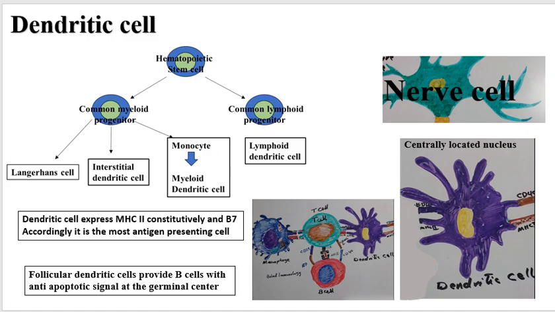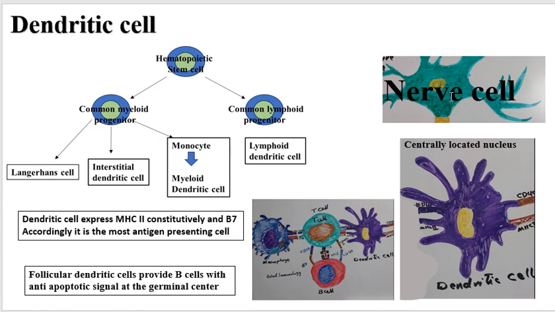Dendritic cells acquire their name from the dendrites of the nerve cell, as they have projections which are very similar to dendrites of the nerve cell.